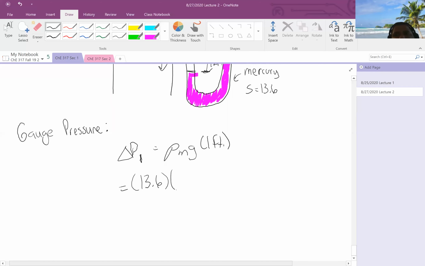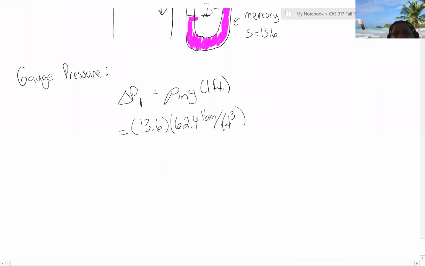The density is, once again, using the reference of water, but since we have feet involved, we're going to be looking at English units, and the density of water in English units is 62.4 pound mass per cubic feet. Gravity is 32.2 feet per second squared.